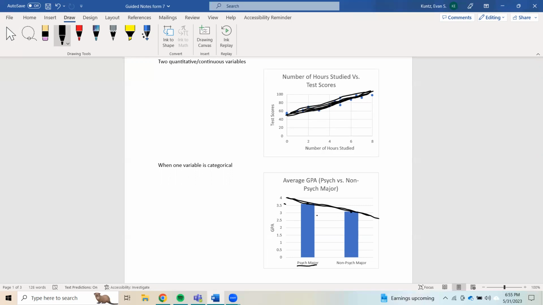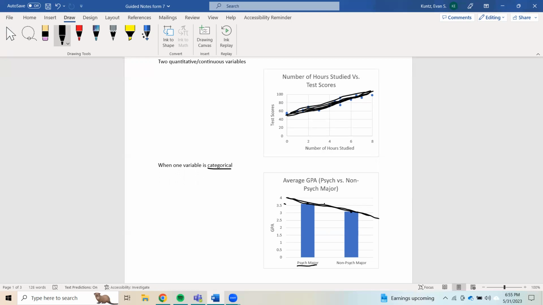One important thing to mention here is that if the categories within the categorical variable are not ordered in any significant way, the directionality of the association does not matter. It doesn't matter if the direction is positive or negative.